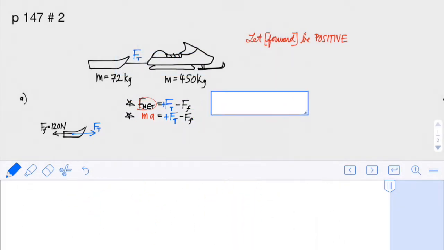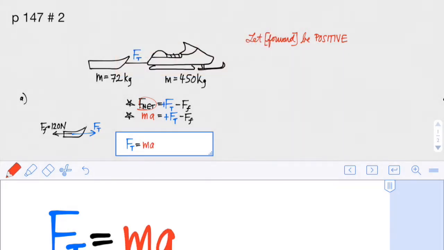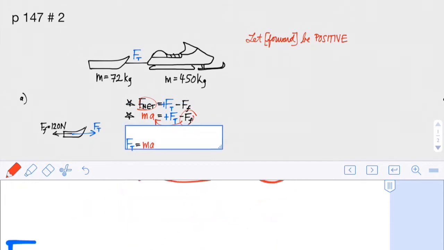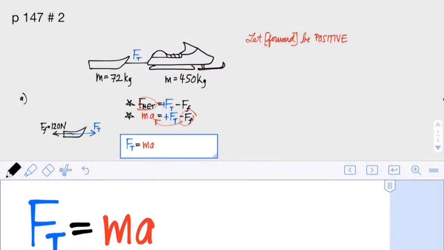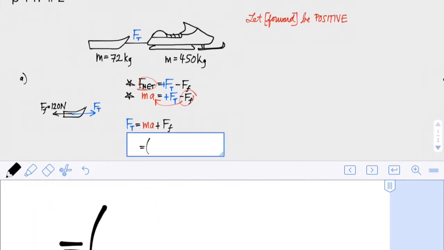So using our algebra skills, we say tension is equal to MA, and when we bring over this force of friction, its sign will change, so it'll go from negative to positive. So we say plus the force of friction. And we can sub and solve. At this point here, we know the mass of this sled is 72 kilograms.